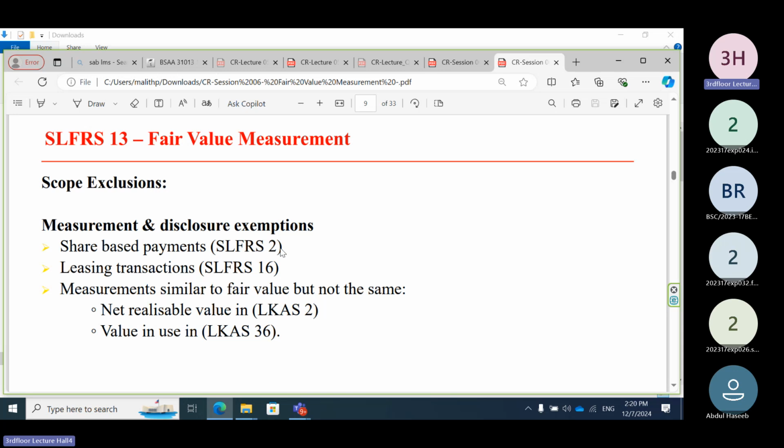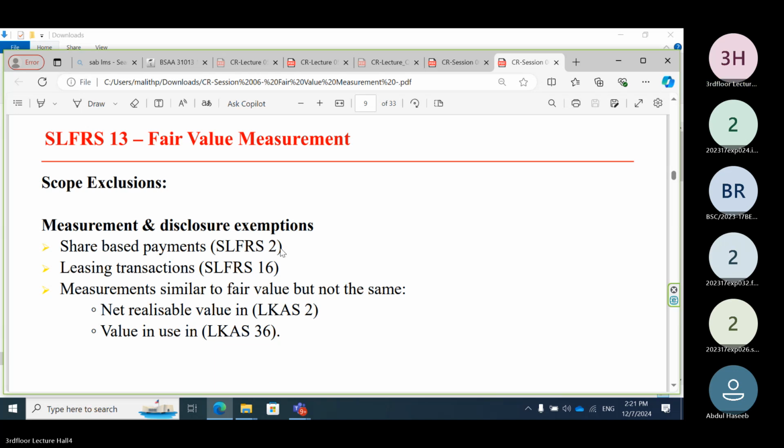Once you are calculating recoverable value, you have two options. What is that? Value in use and fair value less cost to sell. Value in use is a kind of forecast, a kind of fair valuation. For that, we don't need to use 13. Why? The standard itself clearly gives the guideline.